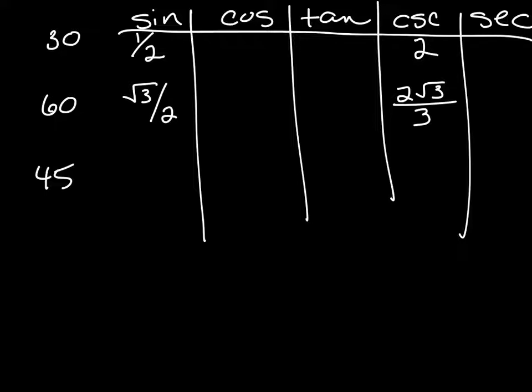If sine and cosine are opposites of each other for the 30 and the 60, that means that for cosine of 60, we have square root of 3 over 2, and 1/2 for this one. See, they're opposites.